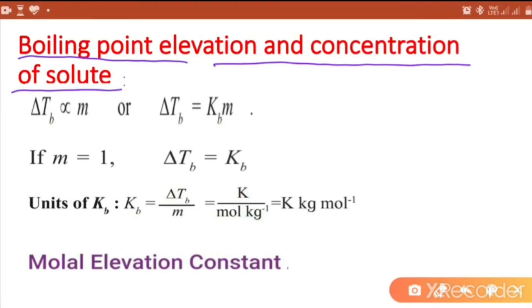We know the elevation of boiling point is directly proportional to molality. Small m is molality.